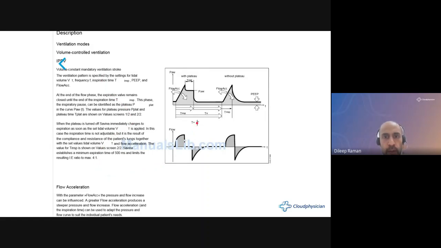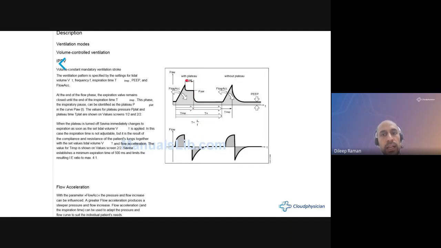If you change the flow acceleration setting, just like we found out, the slope of the pressure time waveform changes, and the flow time is just a dependent variable. Whenever pressure is the control variable and flow becomes a dependent variable, the mode is pressure control. There's no doubt about it. That's what the nomenclature says.